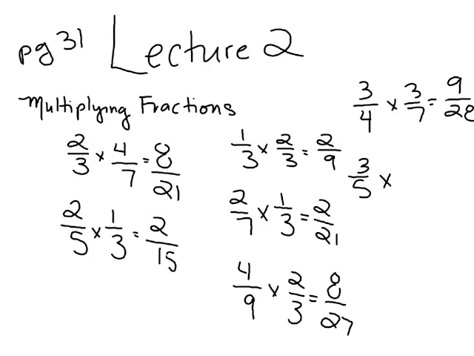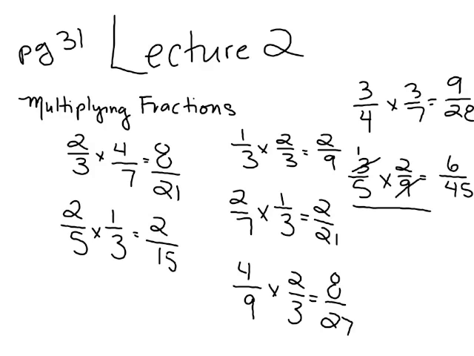3/5 times 2/9. 6 over 45. Will that simplify? Yes. So let's go back to this step. Cross cancel the 3 and the 9. I can get rid of the 3. How many times will 3 go into 3? 1.